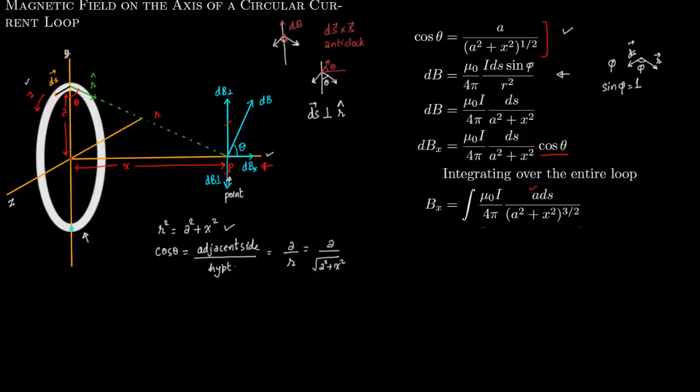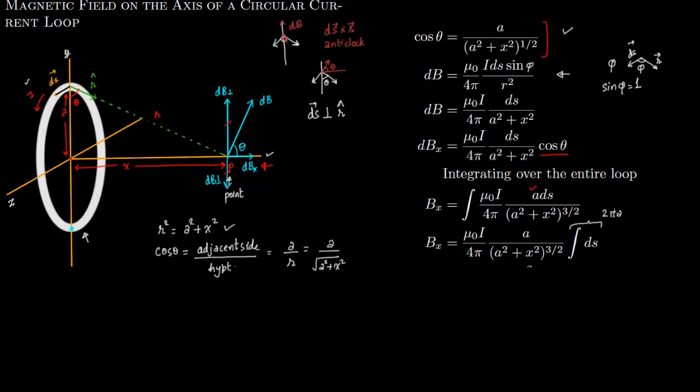So ds remains in here. And when you integrate this ds, you get 2 pi a. So you are integrating over the entire length of the loop. And the circumference of the circle is 2 pi a for radius equal to a. So you are integrating over this entire loop. So that becomes 2 pi a.